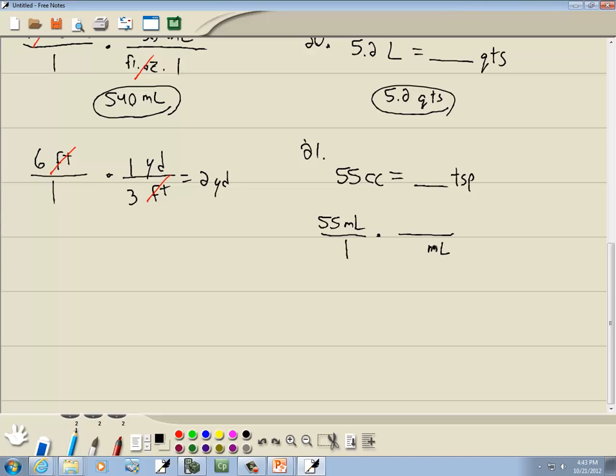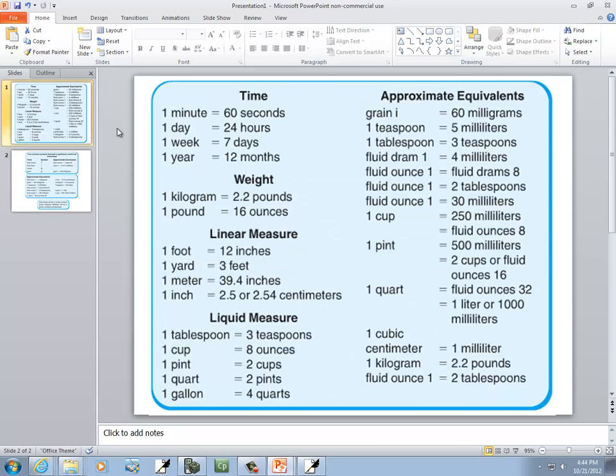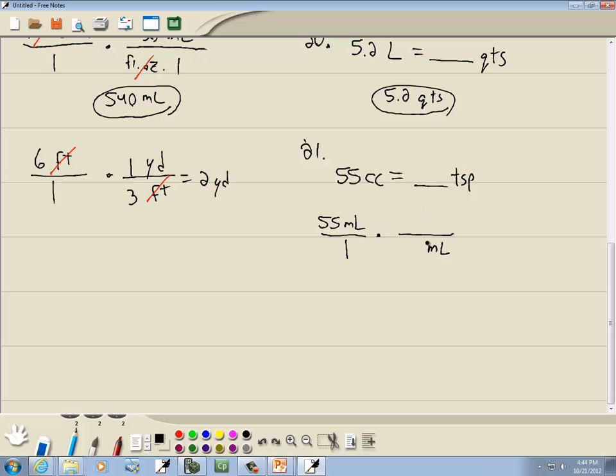Now, I think it's 5 milliliters, 1 teaspoon, but let me go see. 5 milliliters is 1 teaspoon. Milliliters cancel. 55 divided by 5 gives us 11. So our answer is 11 teaspoons.